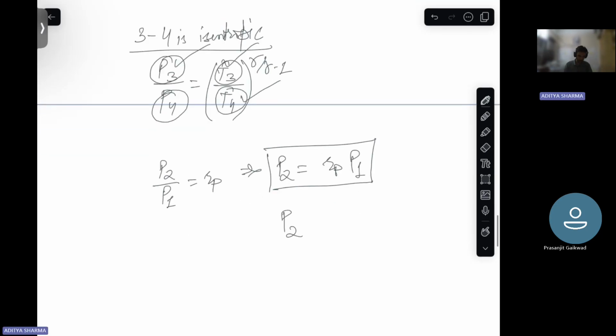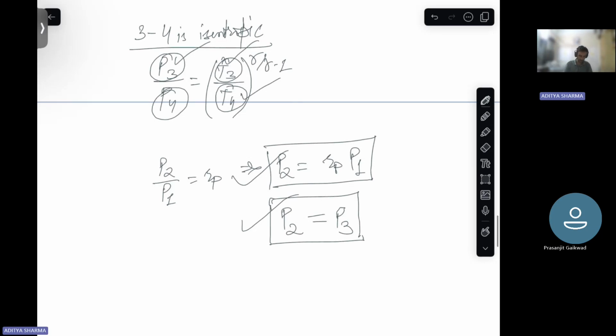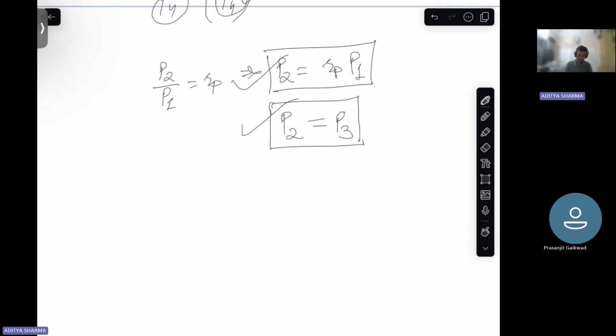Other than that, because the line joining 2 and 3 is a constant pressure line, P2 and P3 are also equal. So from here, P3 you can find out. Then what is left is we need to find out T4. Now to find out T4, let's do something.